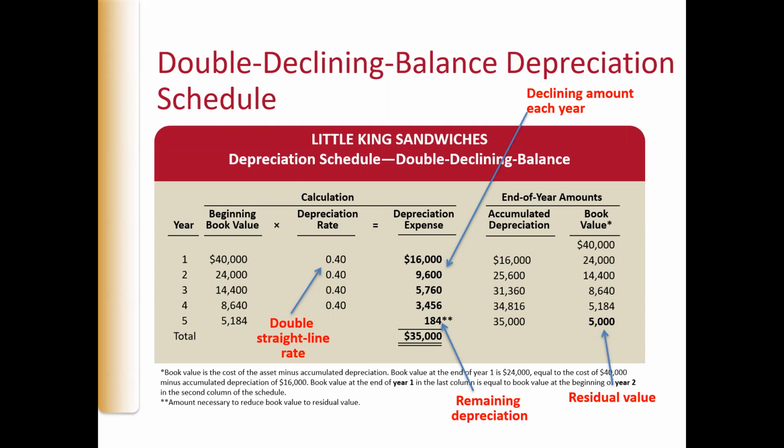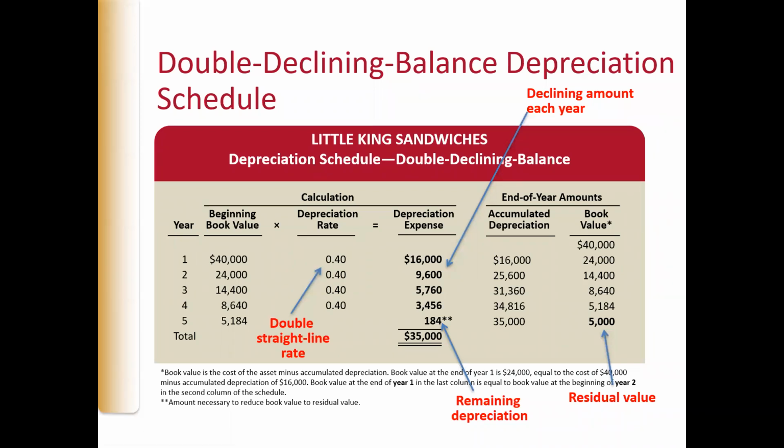We do not take into account at this time the residual value. We take the cost of the asset times the double declining amount, in this case 40%. Our depreciation expense is 40,000 times 40%, or 16,000. Our accumulated depreciation is 16,000. Our book value after year 1 is 40,000 minus 16,000 accumulated depreciation, or 24,000.